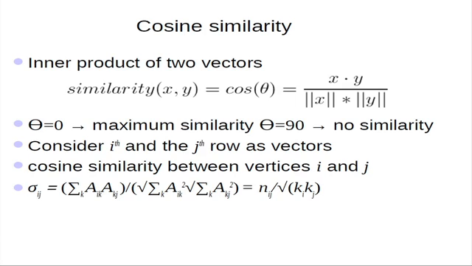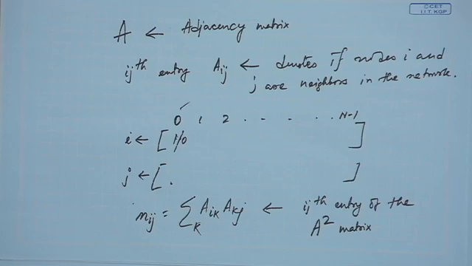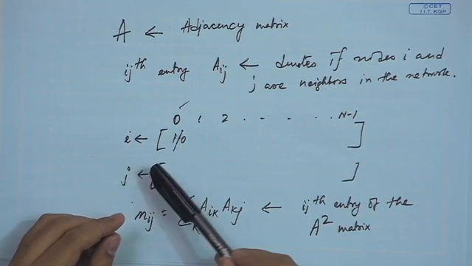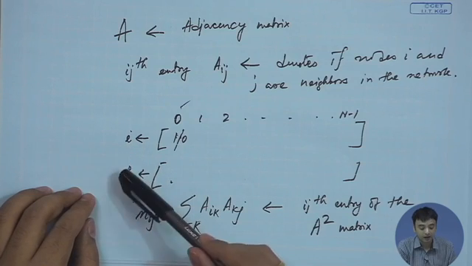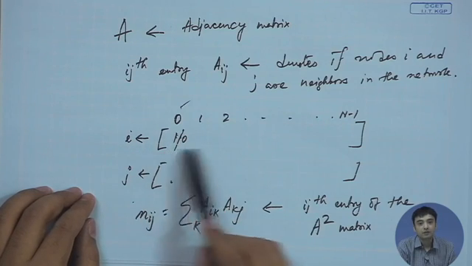So here, as we said in the last part, you can express every node in the graph as a vector of its neighborhood.